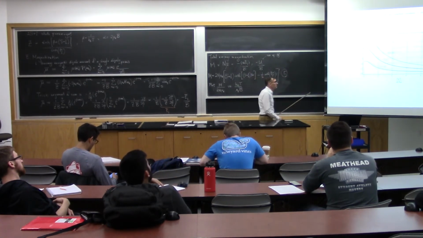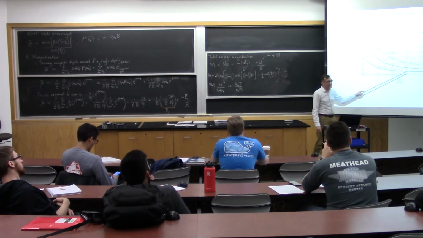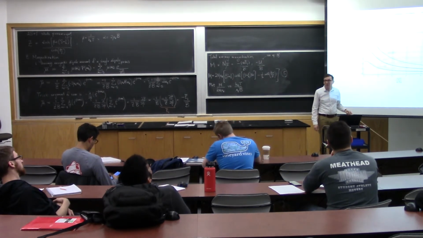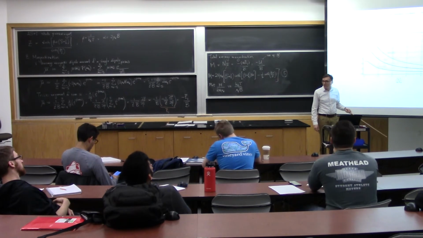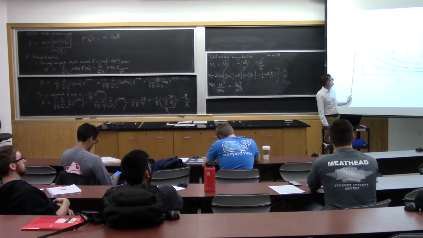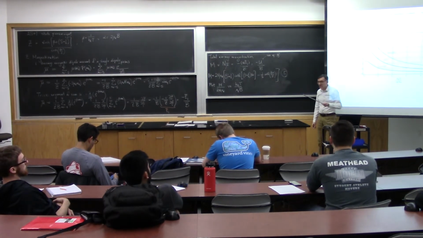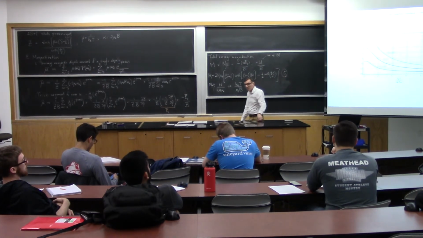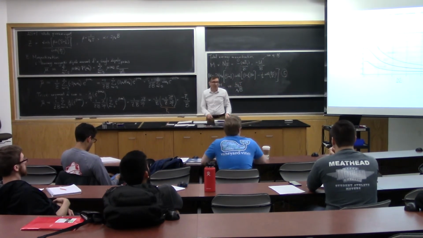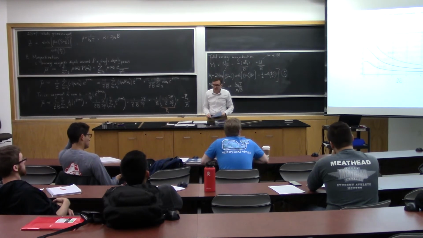Then as the temperature goes up, you start to get more equally spread out amongst the 2S plus 1 energy levels, which tends to give you an average magnetization approaching 0, because you have just as many positive m's as negative m's.